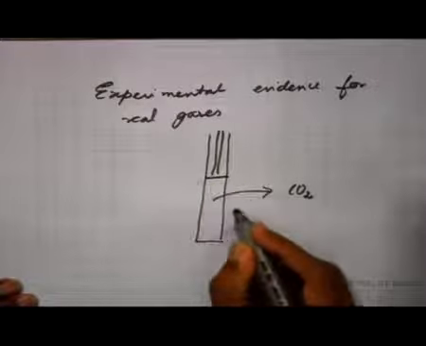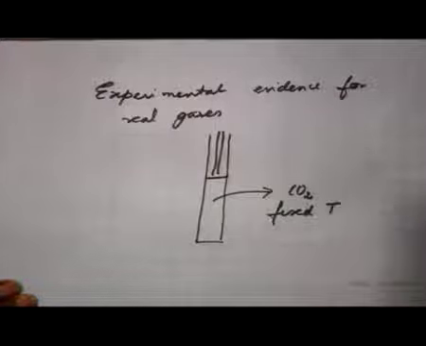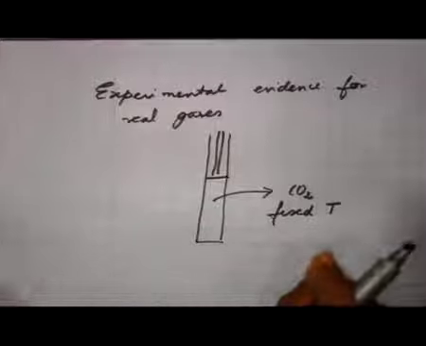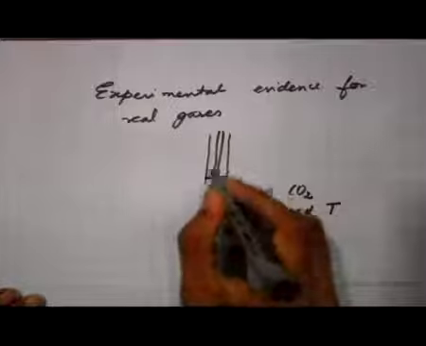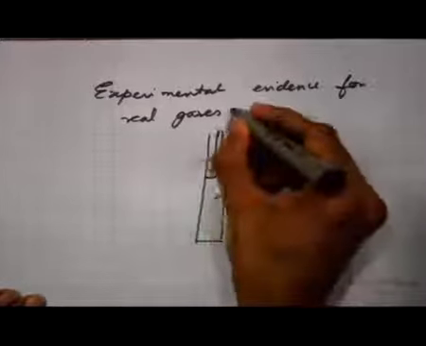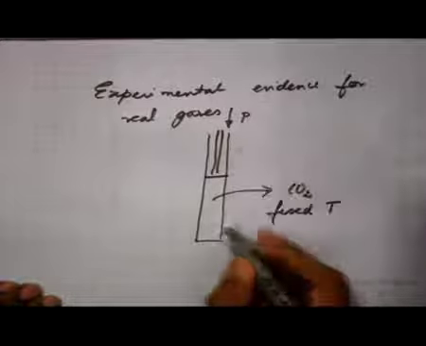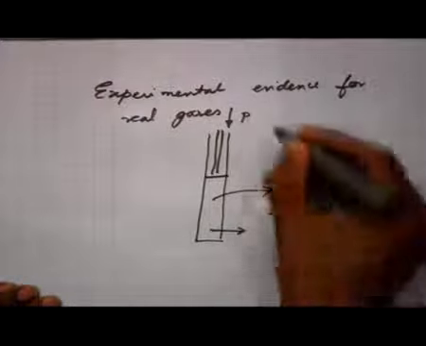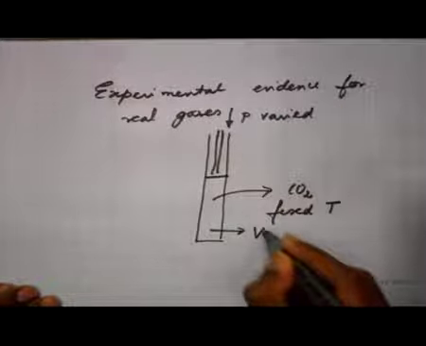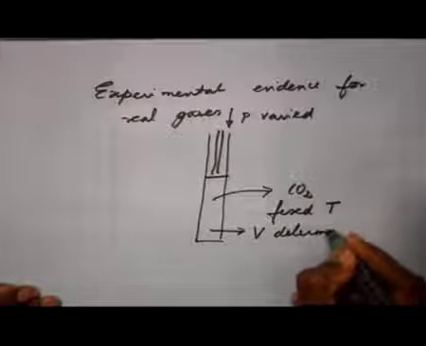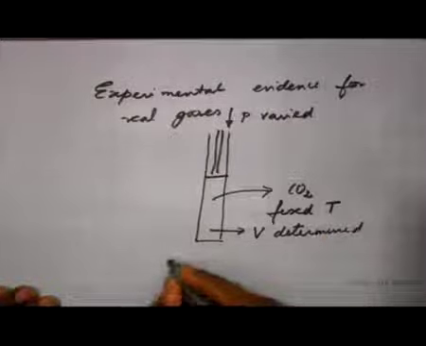So, this is at a fixed temperature T. You take the capillary, or whatever container holds your carbon dioxide gas, put it into a thermostat, and then you apply pressure on top of this. You vary P and V is determined, and you do this at a number of temperatures.